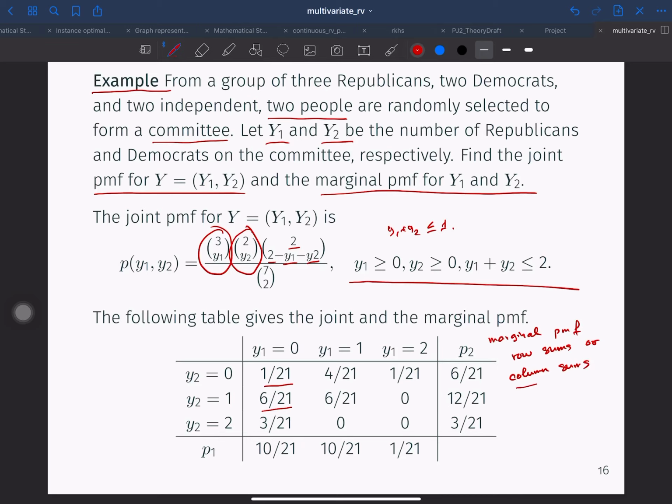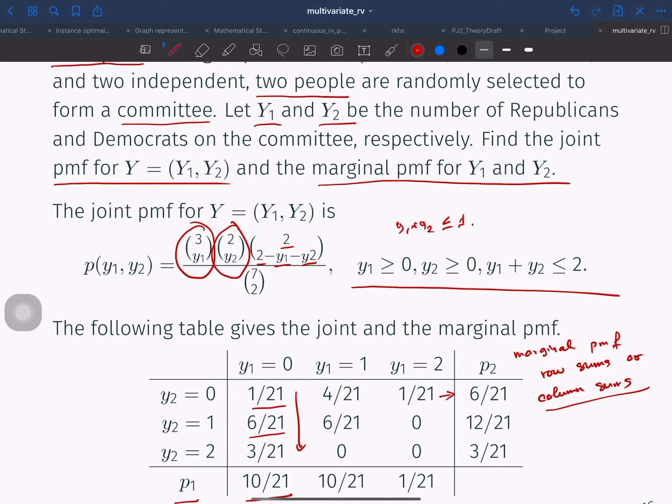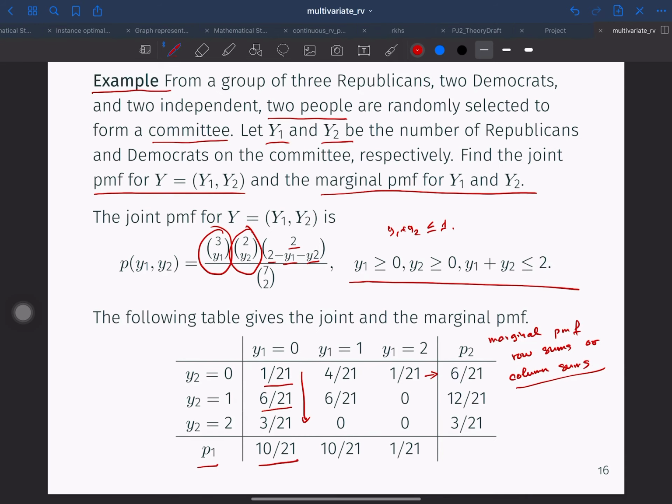This is just a good observation to remember, a good way to organize your probability calculation. In this case, the marginal for Y1 is the column sum. You sum up this one to get 10 over 21. And the marginal for Y2 are the row sums, and so you sum up the rows.